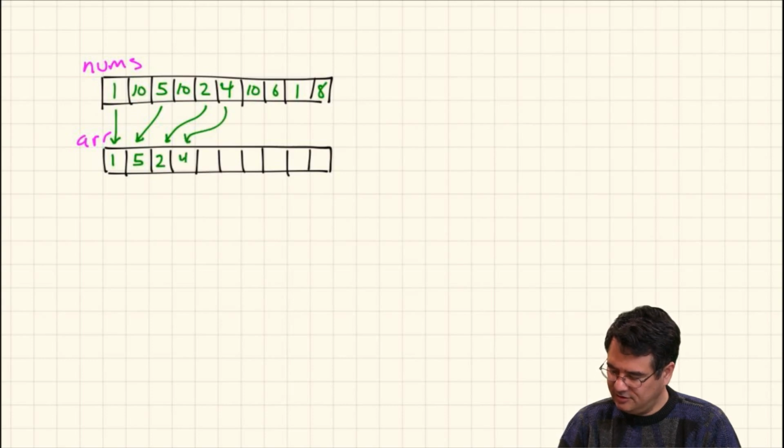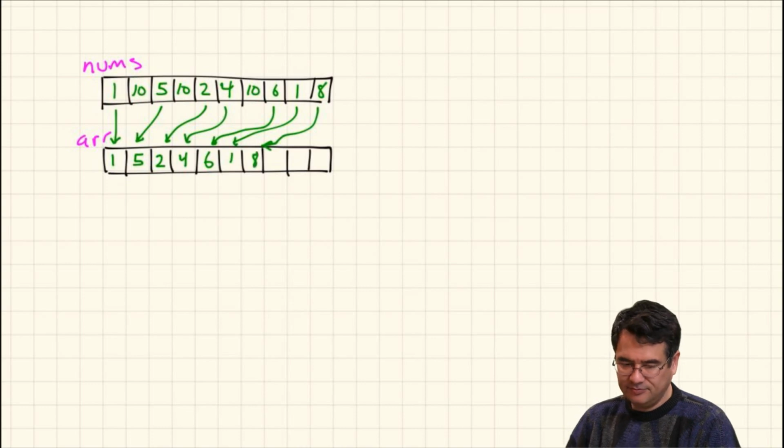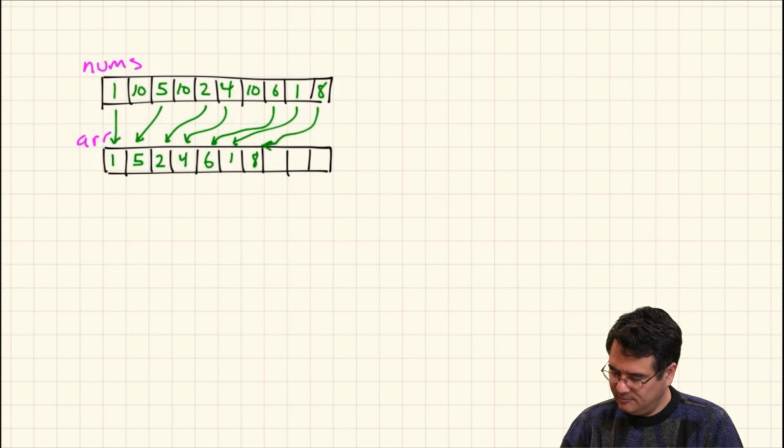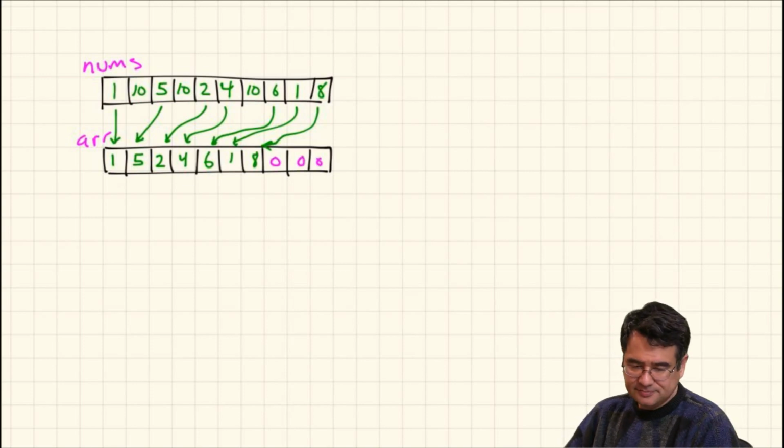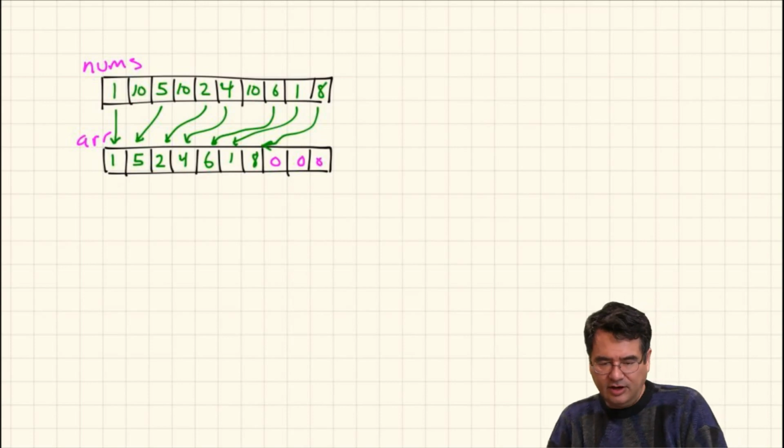The 4 goes here. The 6 goes there. The 1 goes there. Yep, and the 8 goes there. And you can see the 3 10s have been ignored, and then these will just be filled in with the zeros that are in fact already there. Okay, so how do we do that?